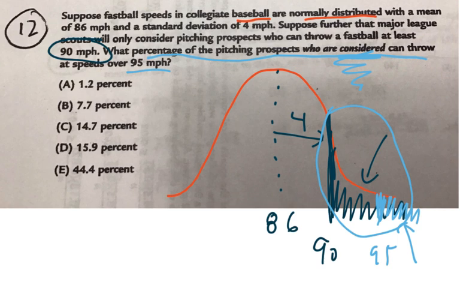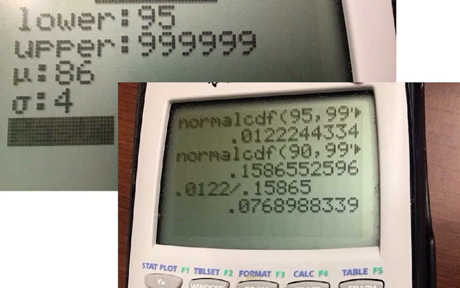So guys, here's what I would expect you would have done. You knew to do normal CDF. I misspoke there, guys. Second vars, right? That gives you the normal CDF function. Remember, we never picked normal PDF.